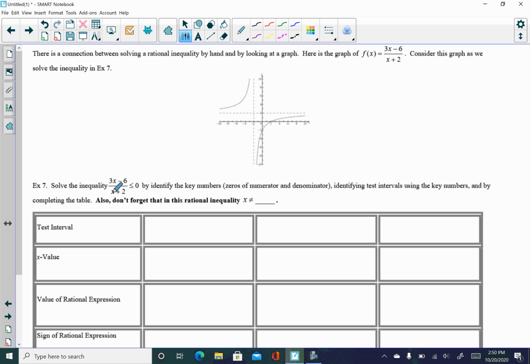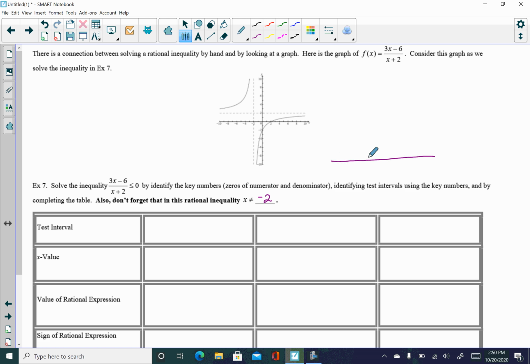So here's the inequality, and I'm looking for where this inequality is less than or equal to 0. The only thing that'll be a little different with this one is that you've already kind of seen it when I was talking about it on the previous page, the difference between vertical asymptotes and x-intercepts. Here you'll notice that you have a vertical asymptote at negative 2, so your x cannot equal negative 2. So if I think about a number line, in 171 you're going to hear me call it a sign line.